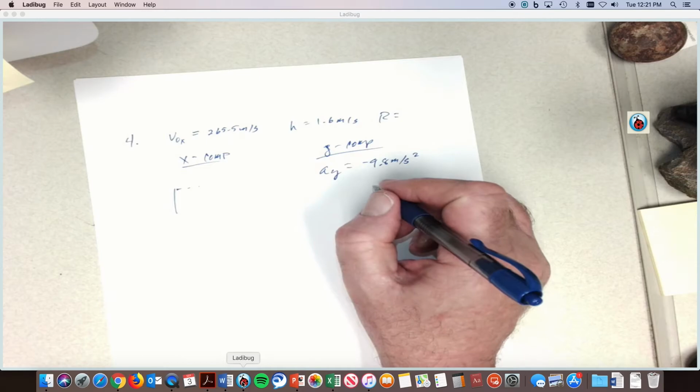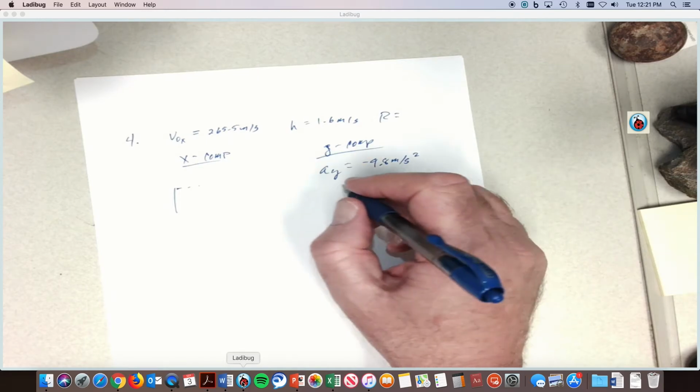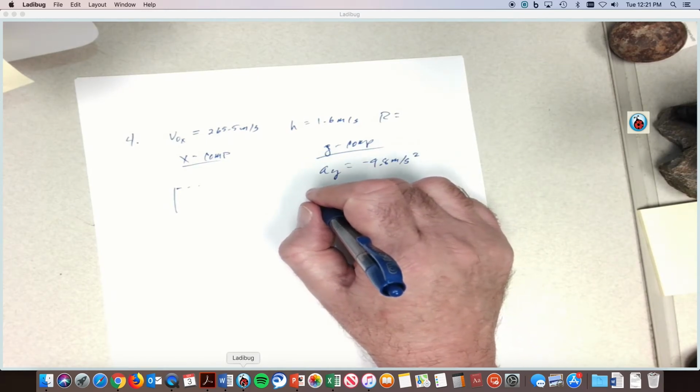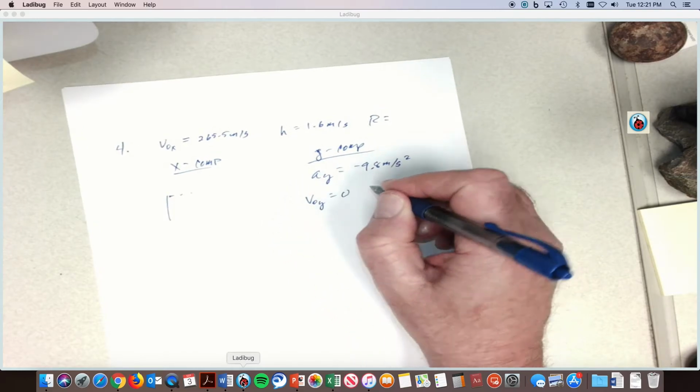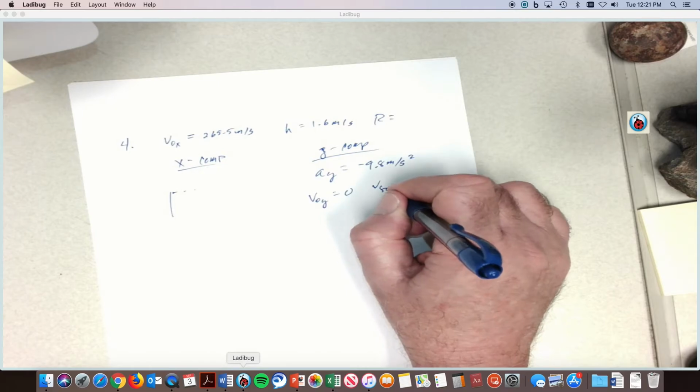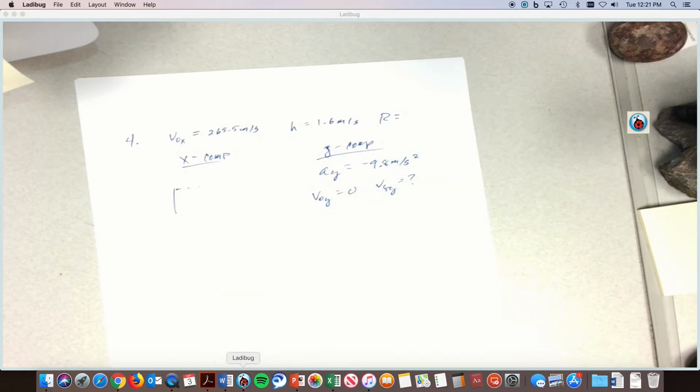So if the initial velocity in the y direction is equal to 0, the final velocity in the y direction, I don't know, but I don't care about its final velocity in the y direction. I'm just looking to see how far it went. I just need to know how long it's been in the air.